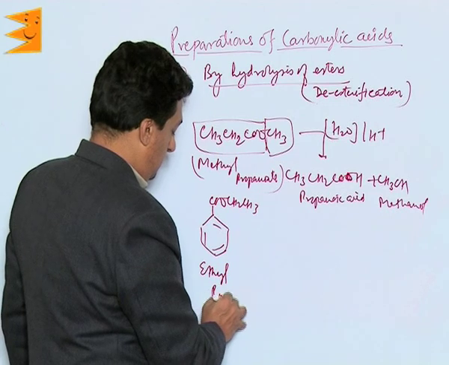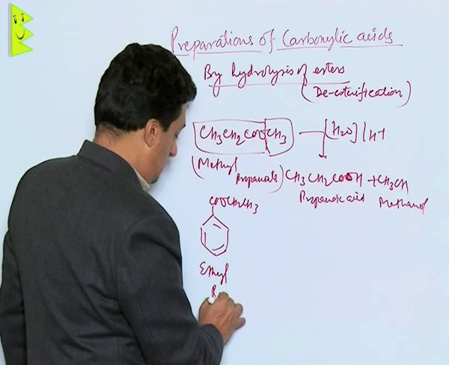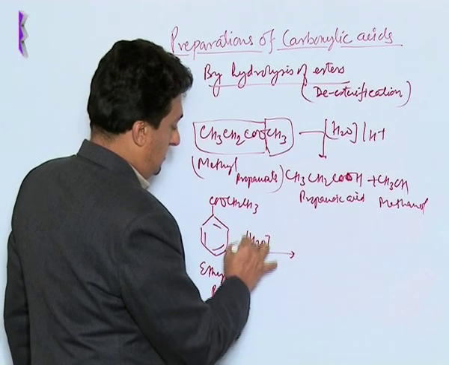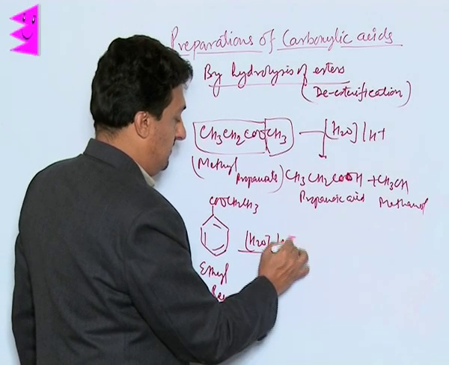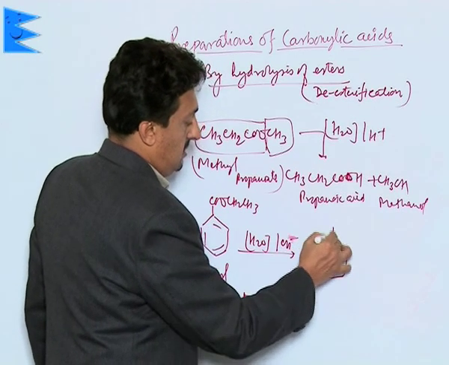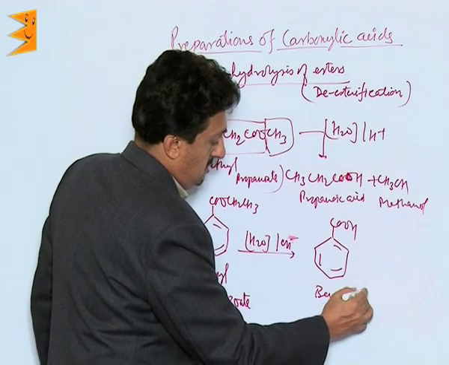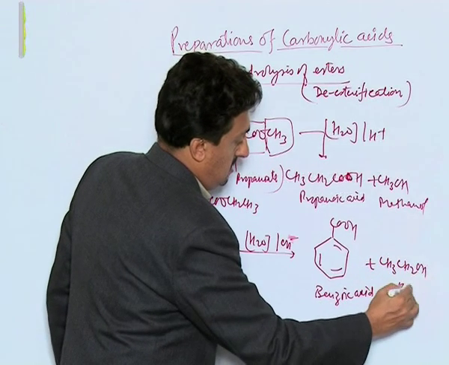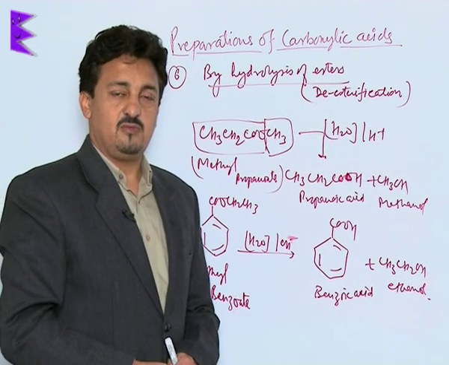This is called ethyl benzoate, and this on hydrolysis, suppose we are doing it in the basic medium, we will get benzoic acid and ethanol. So this is how we can prepare acids from the different reactions.